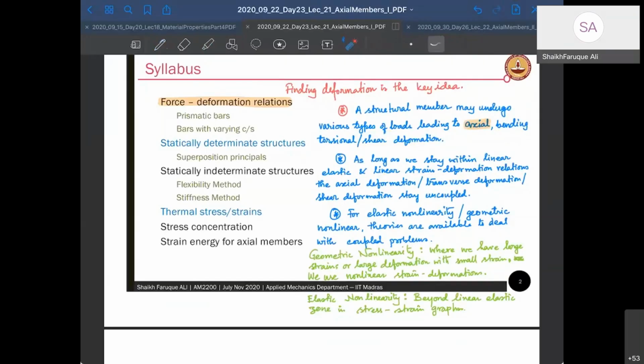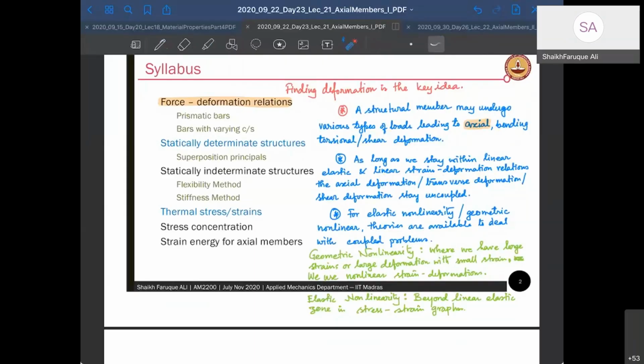So for a general 3D structure that can go through bending, axial deformation and torque, as long as you are within the linear zone, you need not assume these are coupled. You can assume that deformation due to axial load will be only along the axial direction and will not give rise to any bending. You are safe as long as it is linear.